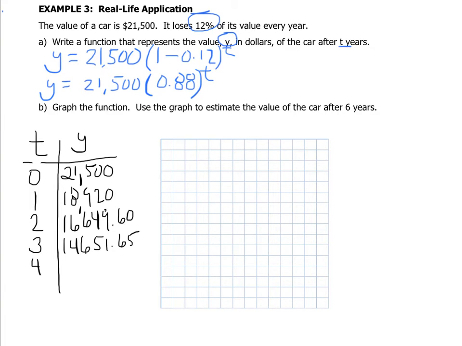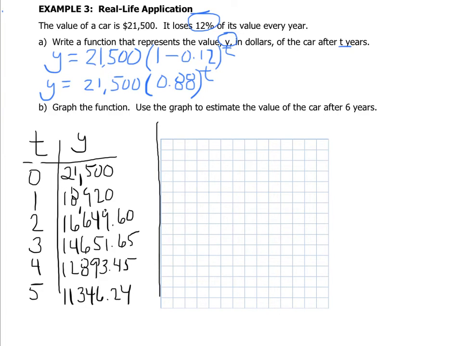Year 4 is 12,893.45, and 5 is going to be 11,346.24. Now, obviously, you can tell that this is going to be a difficult table to try to graph.